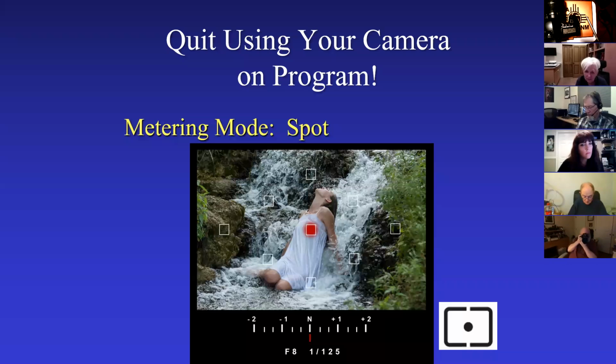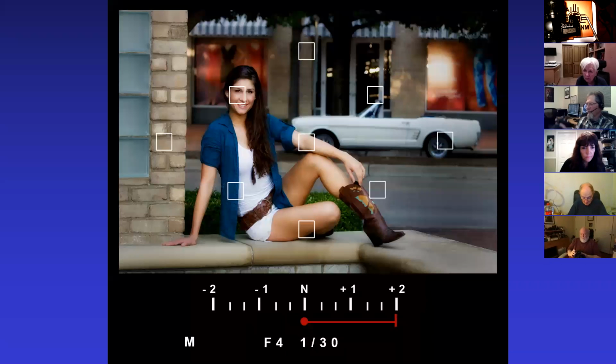And this is kind of what we just did as we look through these here. I've got my camera trained in on my model. When you're in spot metering mode, it uses the box that you've activated for your selection points.